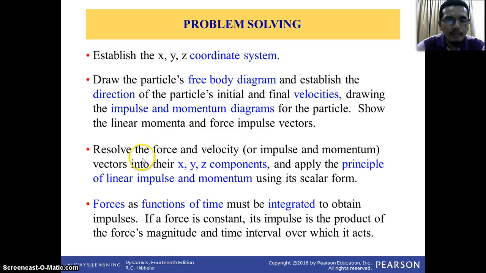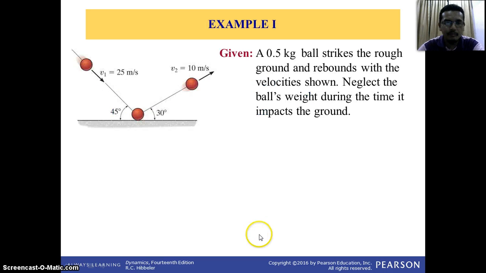Then we resolve the force and velocity with respect to x, y, and z, and apply the principle of linear impulse and momentum using the scalar form. Finally, force as a function of time must be integrated to obtain the impulse. If a force is constant, the impulse is the product of the force magnitude and the time interval over which it acts. So you just multiply the force magnitude by the time interval.